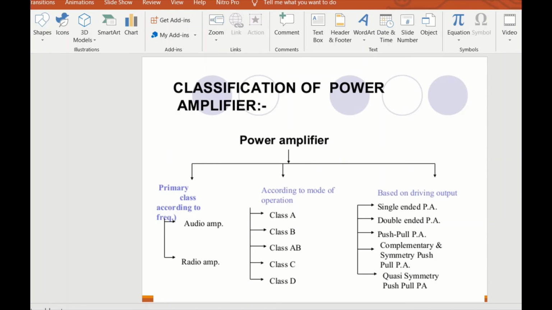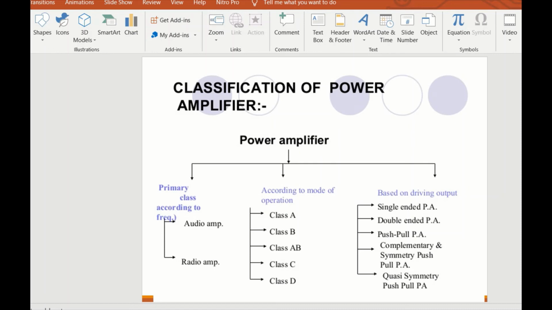So in this chapter we will be studying power amplifiers. Power amplifiers are classified into types. Primarily, according to frequency, we have the audio power amplifier and the radio power amplifier, which we have discussed. Then we have power amplifiers according to mode of operation: class A, B, AB, class C and D power amplifiers.